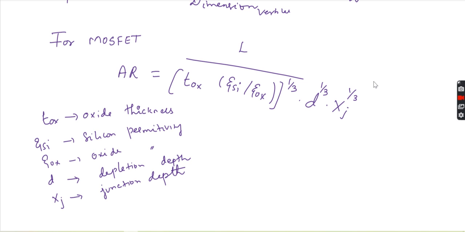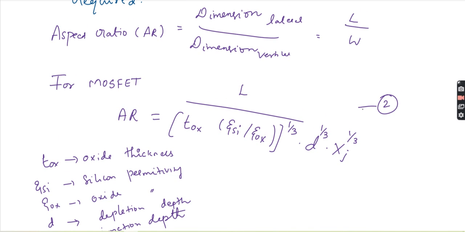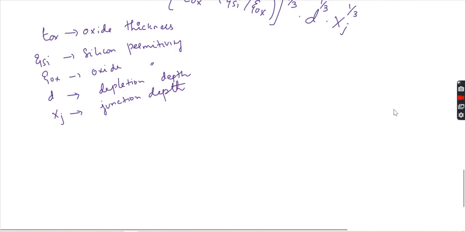Now from this equation, I'll consider this equation number 2, equation number 1 you see. Now we can see which factors we need to reduce.